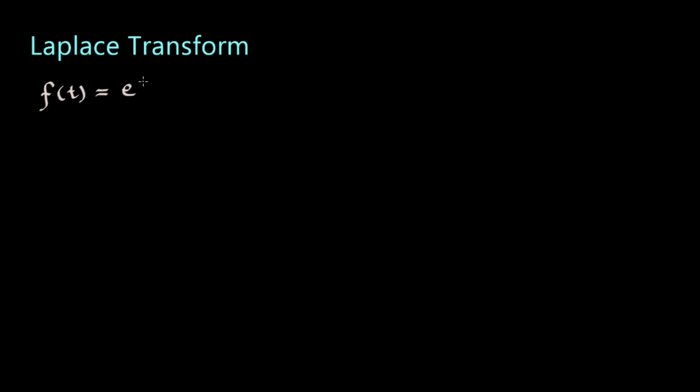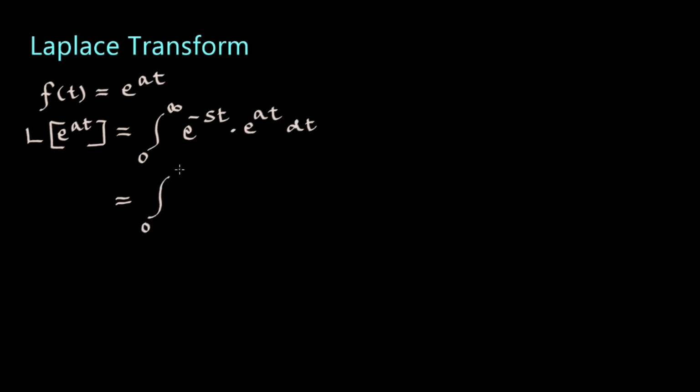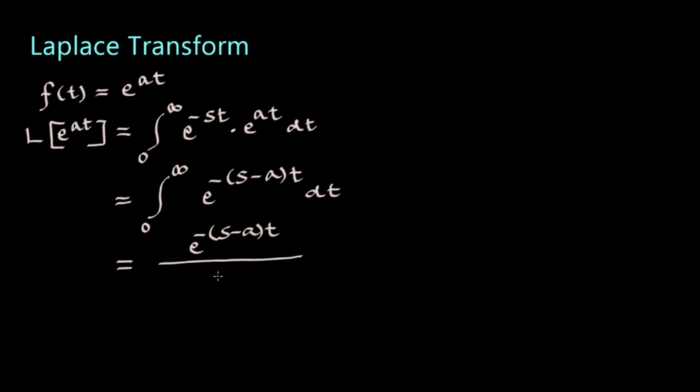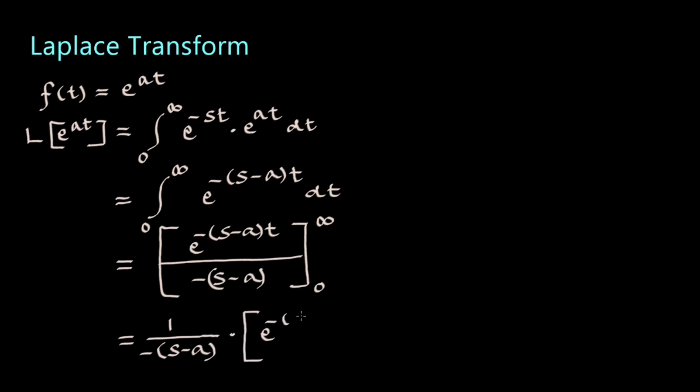Let f(t) be e raised to at. So Laplace transform of e raised to at will be integral from 0 to infinity of e raised to minus st into e raised to at dt, which is integral from 0 to infinity of e raised to minus (s minus a) into t dt. That will be e raised to minus (s minus a) t upon minus (s minus a) from 0 to infinity.